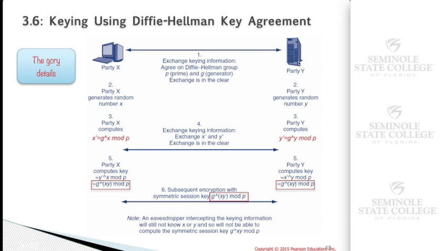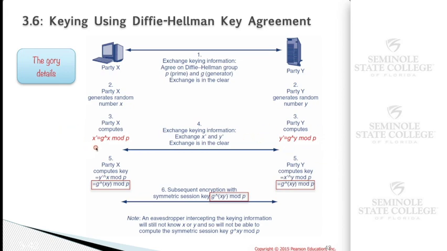So in our case, party X comes up with X, let's say, and party Y comes up with its own number Y. Now that's a secret number they're just going to hold on to. But what they do is create this item in red that you see over here, X prime, and on the Google side is Y prime.